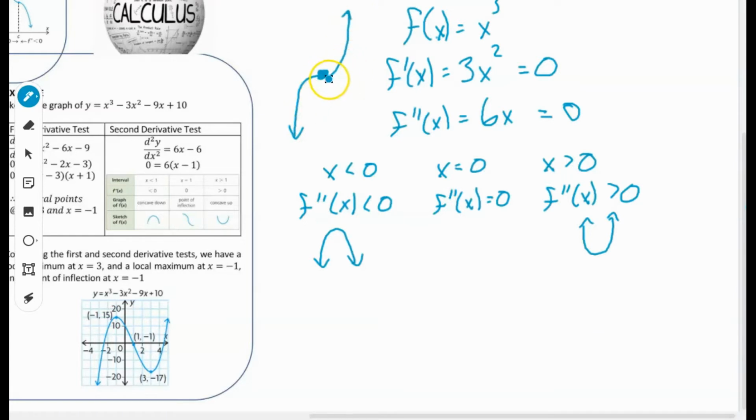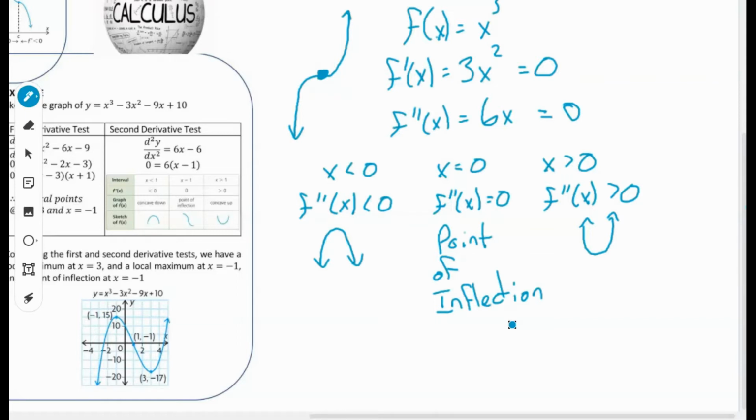At any point where we switch from concave down to concave up, or vice versa, we get what we call a point of inflection. And it looks like that point occurs when the second derivative equals 0. Now this is not always true. You're not always going to get a point of inflection when the second derivative equals 0.